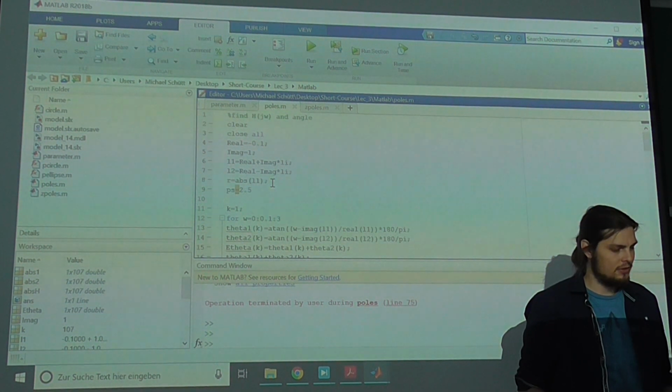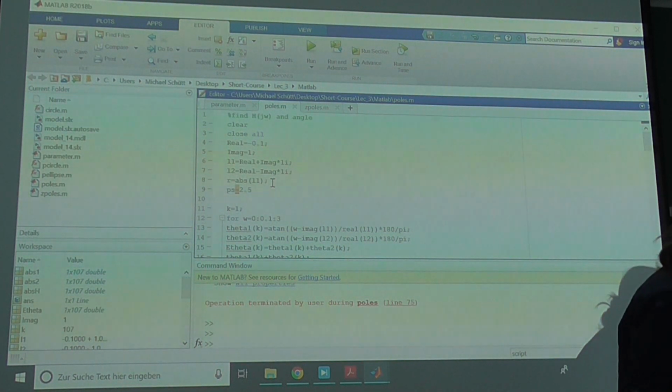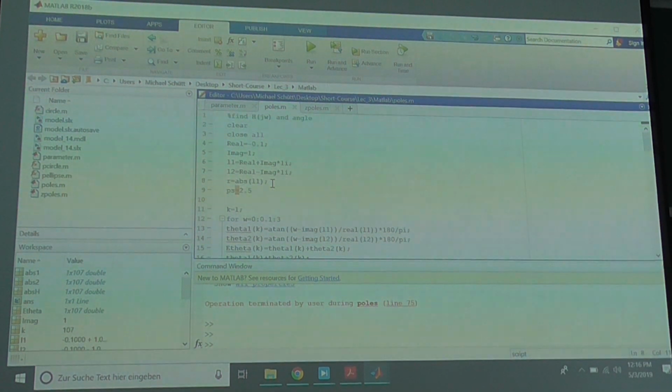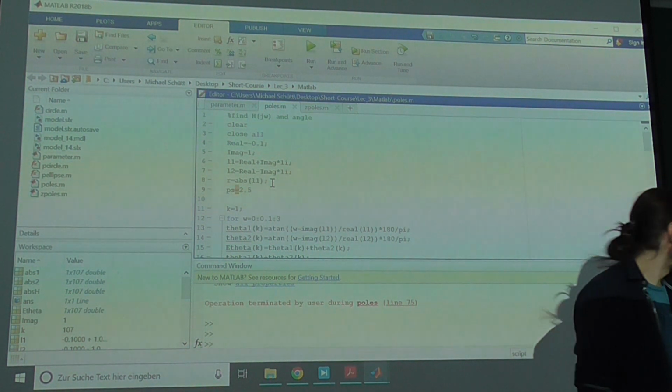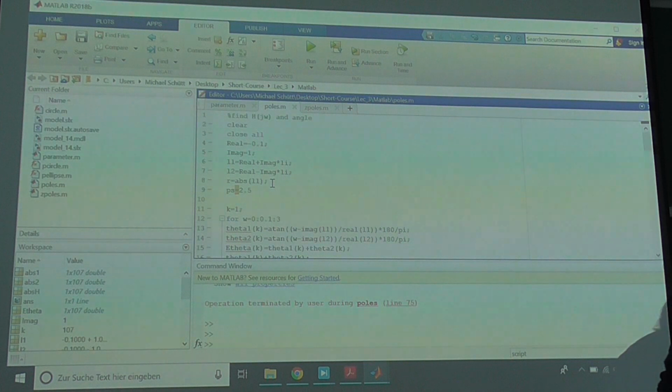What's the expression there? It's Ts over 2 times 1 plus z to the minus 1, over 1 minus z to the minus 1.